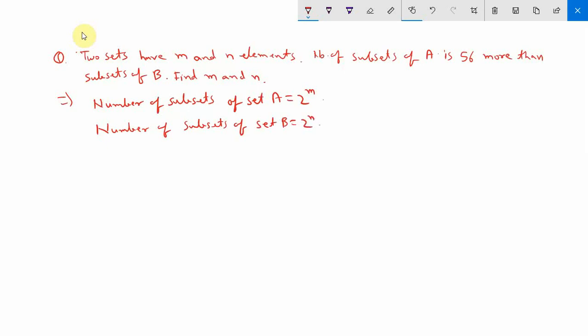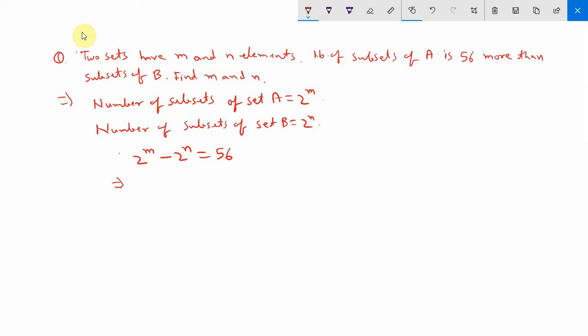It is given that the difference between the number of subsets of A and B, that is 2 to the power m minus 2 to the power n, is 56. Okay, then we have to find m and n.